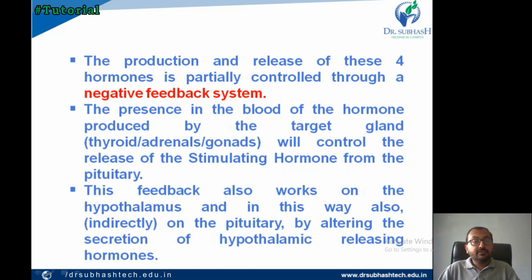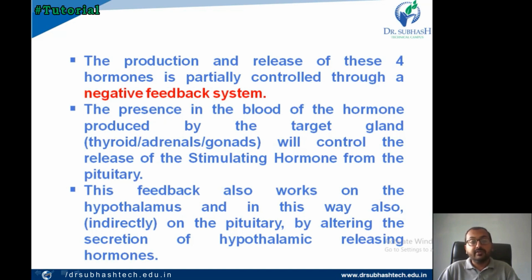The production and release of these four hormones, specifically prolactin, thyrotropic hormone, ACTH, that is adrenocorticotropic hormone, and gonadotropin hormone, may follow a negative feedback mechanism. See, previously we were discussing the positive feedback system. What is a positive feedback system? Whenever there is a drop, or a reduced amount of hormone felt by the blood, the releasing hormone for that specific hormone will be released from the hypothalamus and the optimum concentration will be achieved.